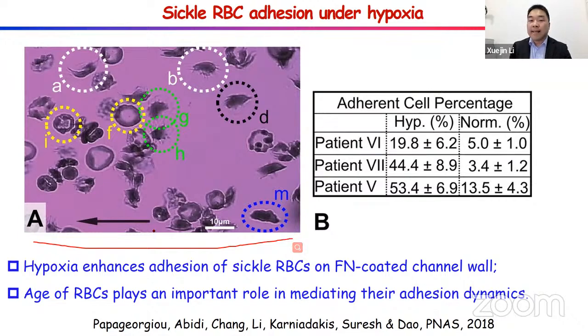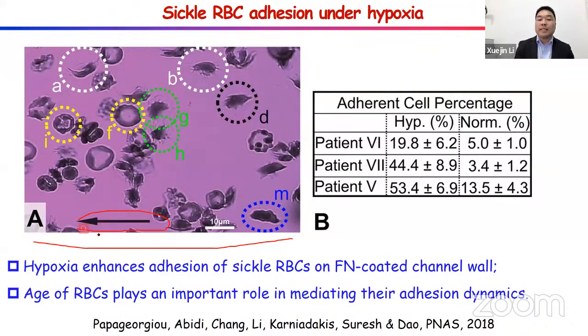The black arrow denotes the flow direction, which is from right to left. The cells inside the dotted circles are adherent cells. As you see here, there are many cells adhering to the blood vessel walls.